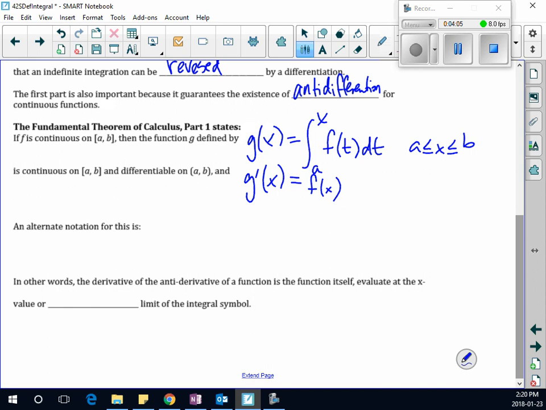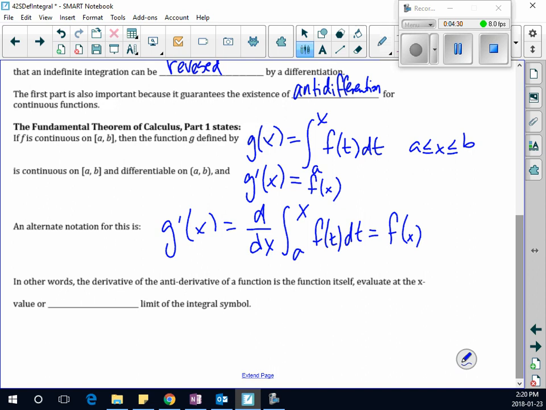So basically what they're saying is if I find the derivative of this, it's essentially putting this x into there and getting f of x, just like what I showed up there. An alternate notation is g prime of x equals d/dx of the integral from a to x of f of t dt, which equals f of x. All in one statement there.